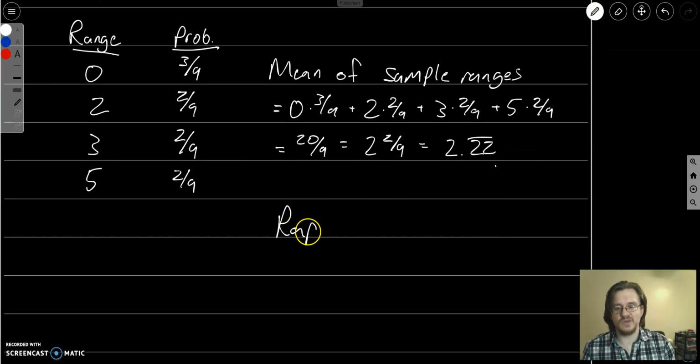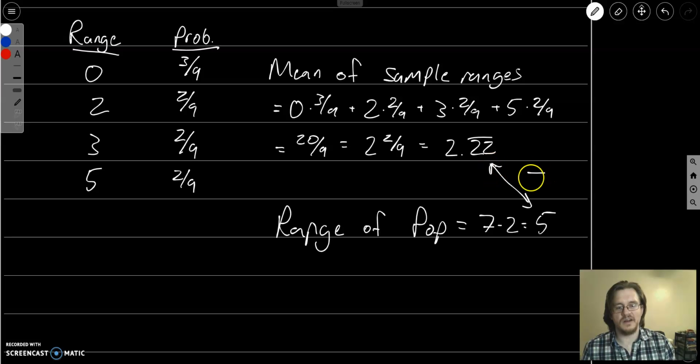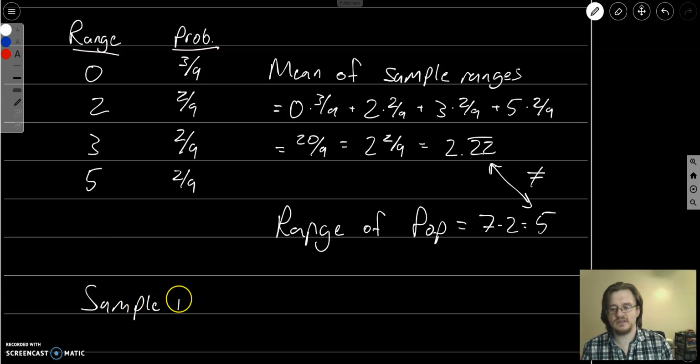So the actual range of the population is going to be 7 minus 2, which is 5. And these are not equal to one another. So the sample range is a biased estimator.